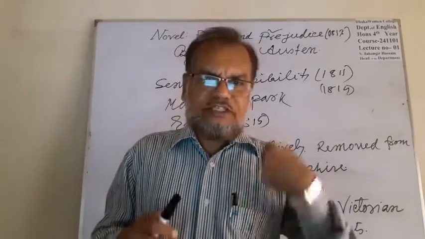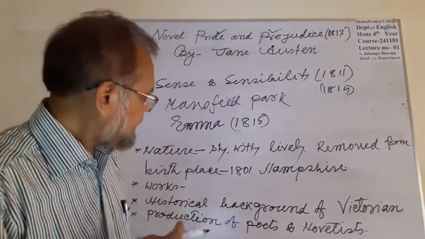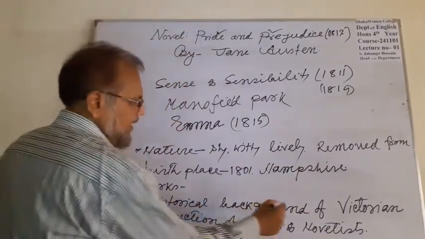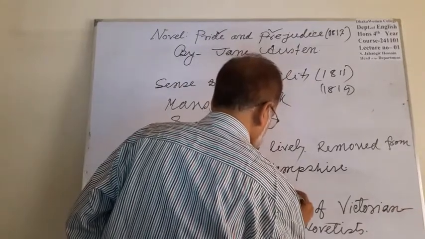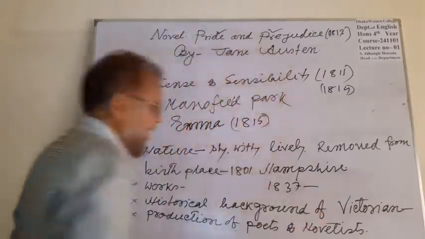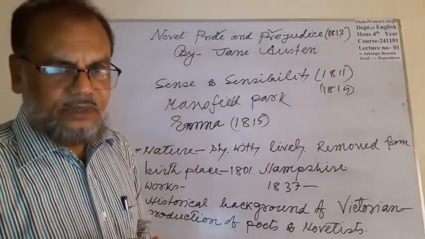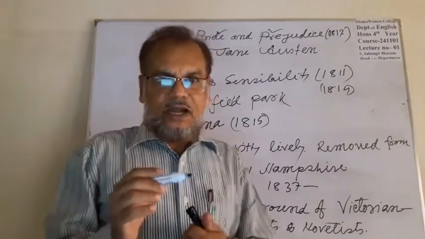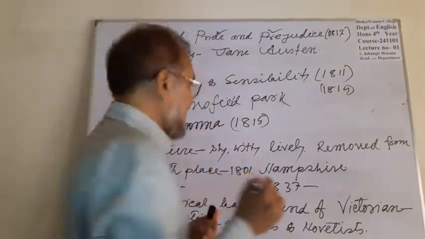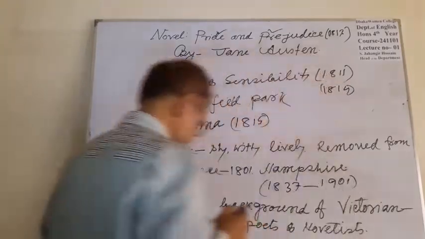The Victorian era actually started in 1837 and lasts until 1901. It is very important.